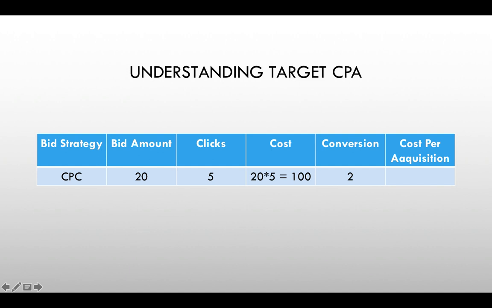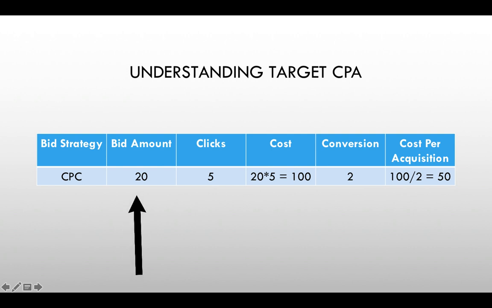So for 1 conversion, how much did you spend? All you have to do is 100 divided by 2, which gives you 50, right? So 50 is your cost per acquisition or cost per conversion. But are you paying Google 50 rupees after the conversion? No, you're paying Google on click basis only, right? And how much is that? 20 rupees per click.